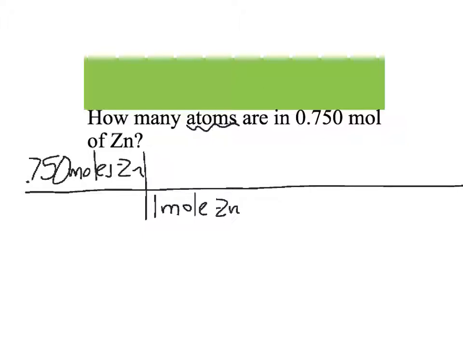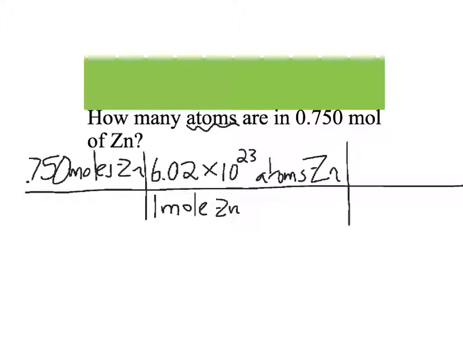It can be moles of zinc, moles of hydrogen, moles of water. In this problem specifically, it's zinc. For every 1 mole of zinc, we have Avogadro's number, 6.02 times 10 to the 23rd atoms of zinc.